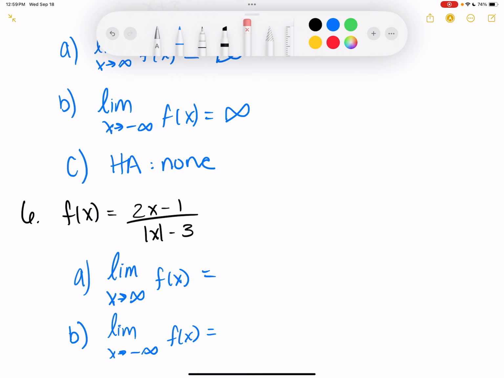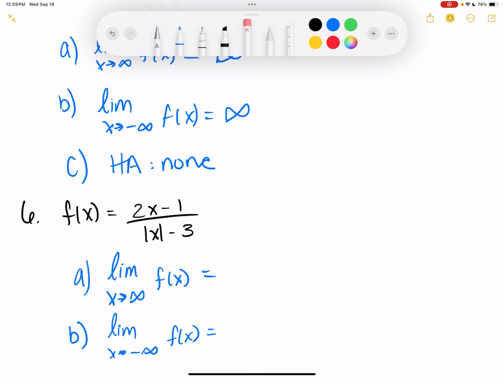2x over x, right? So if I plug in infinity, what happens? What is x over absolute value of x? 1.